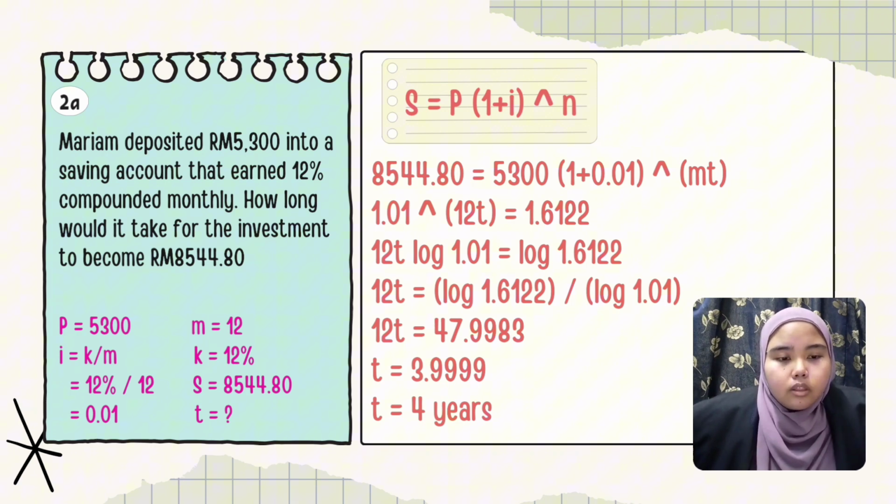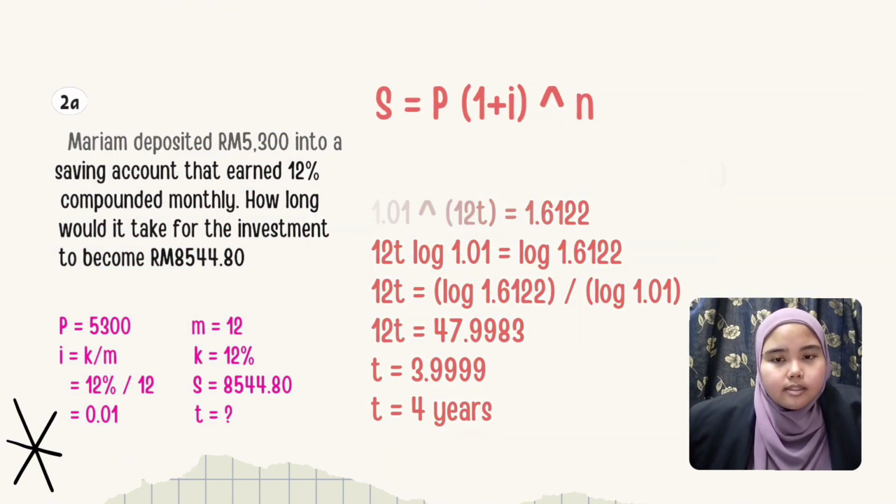This time we use log: 12t log 1.01 equal log 1.6122. So we can get 12t equal log 1.6122 divided by log 1.01. We can get t is equal to 3.999, which is 4 years. So the answer for question 2a is 4 years.